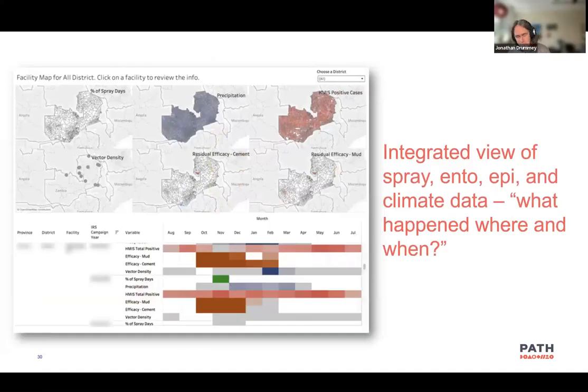Another case in this is where, once we've got all that data integrated, let's see it all together in one place. So here's a visualization we built that was integrating indoor residual spray data and entomological data and case and incidence data all in one place.